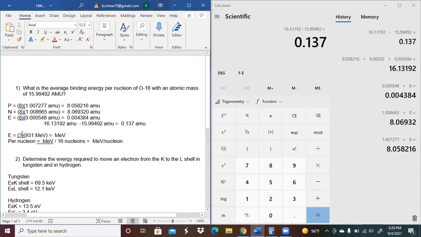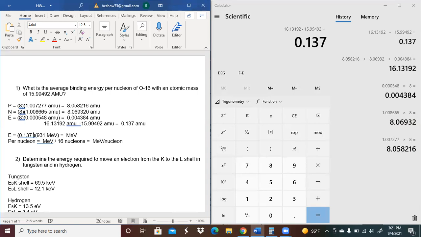So now I want to find out what the energy is. I've got the mass for the binding energy, but what is the actual energy component? I need the mass in order to compute what the energy is, so that's where I'm going right now.